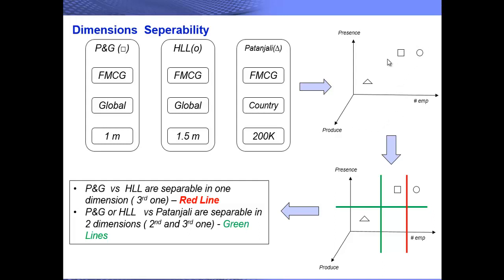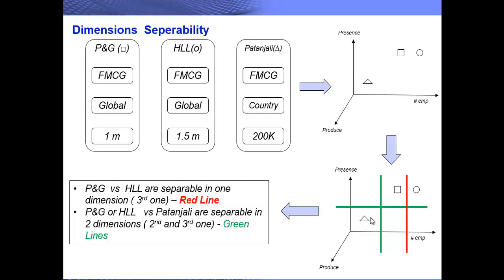Fine, so we have plotted this, and now let us look at separability. Can we separate this and this? We can separate them this way, with this line or this line, and that is why you can see the two green lines. Not necessarily both lines, even one line is enough for separating Procter and Gamble and HLL versus Patanjali.